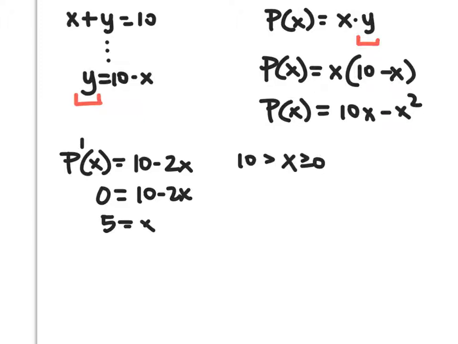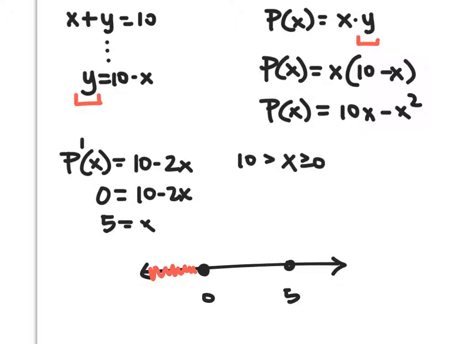So on a number line, I'll just go ahead and plot this. We know that x equals 0 is a 0. We know that x equals 5 is a 0. We know that neither of our values can be negative.